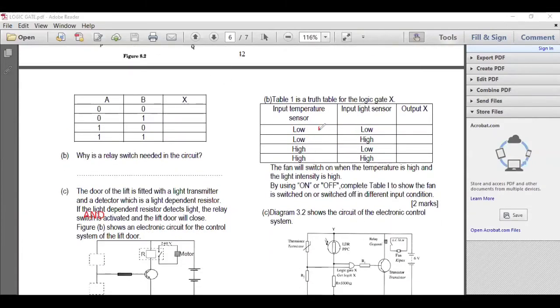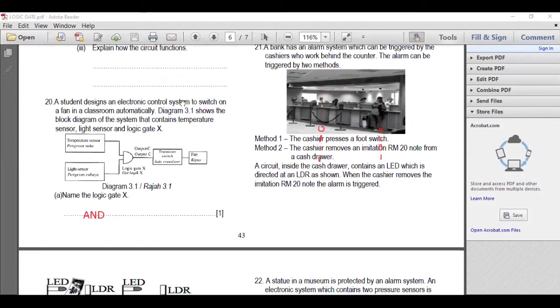So 0, 0, 1, 1, 0, 1, 0, 1. For the AND gate, you multiply: 0 times 0 is 0, 1 times 0 is 0, 0 times 1 is 0, 1 times 1 is 1.